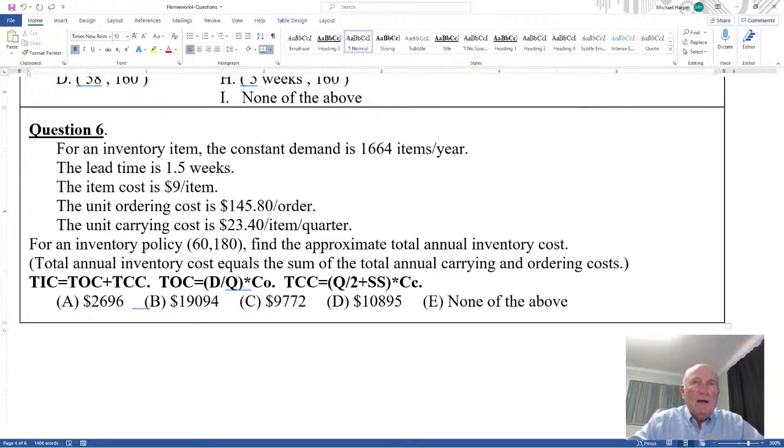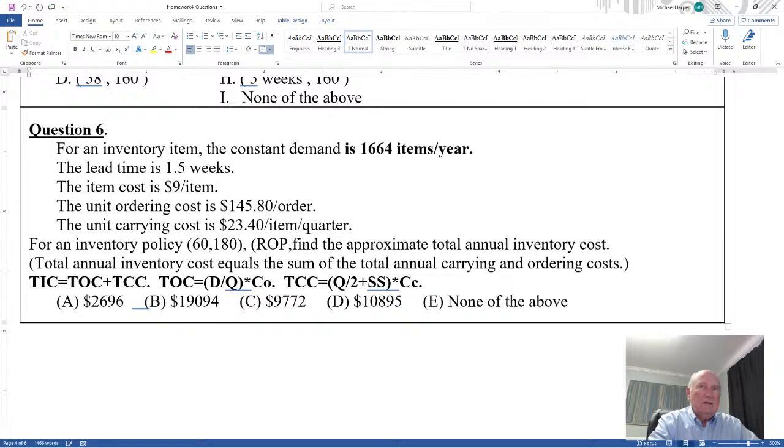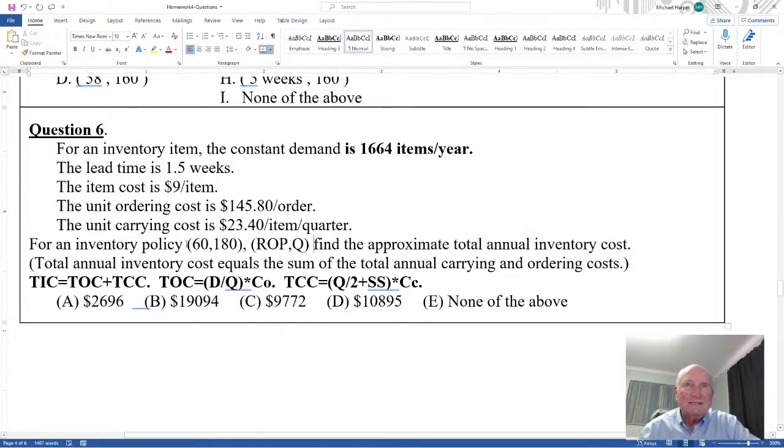Well, we have our demand up here in years, and we have our Q. Q is given, 180. Let me do it this way. This equals ROP, Q. So ROP is 60 and Q is 180.